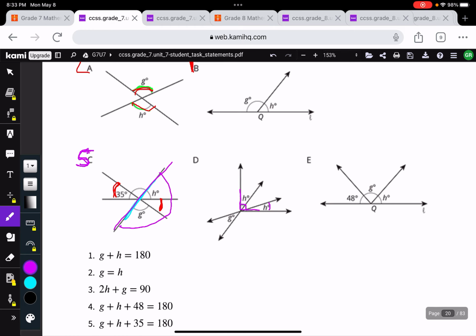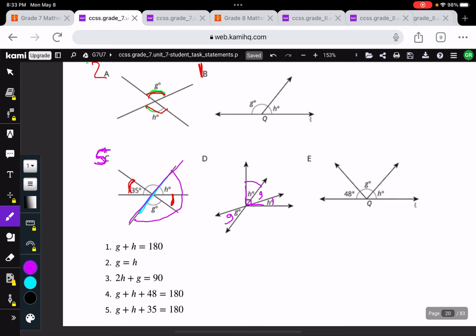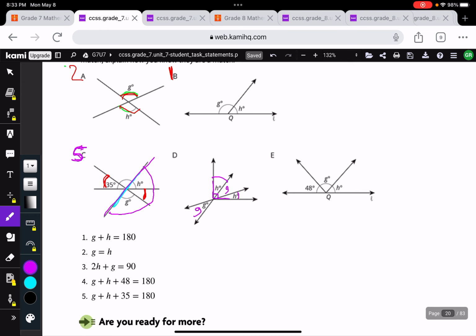Very blurry H. I got H plus H. And if this is G, then the opposite angle is also G. I do not see H plus G equals 90, but I do see two H's and a G. So for D, we should be putting 3.